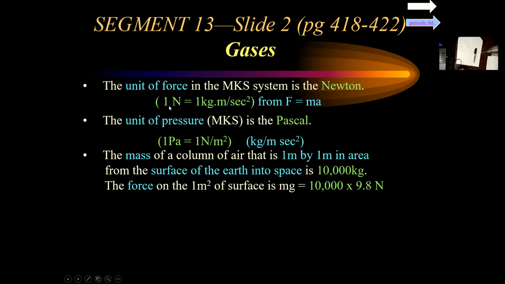Now, if I say a Newton is a kilogram meters per second squared, and Pascal is a Newton per square meter, then it's a kilogram meter per second squared divided by square meters. The important thing is keep everything in SI units.